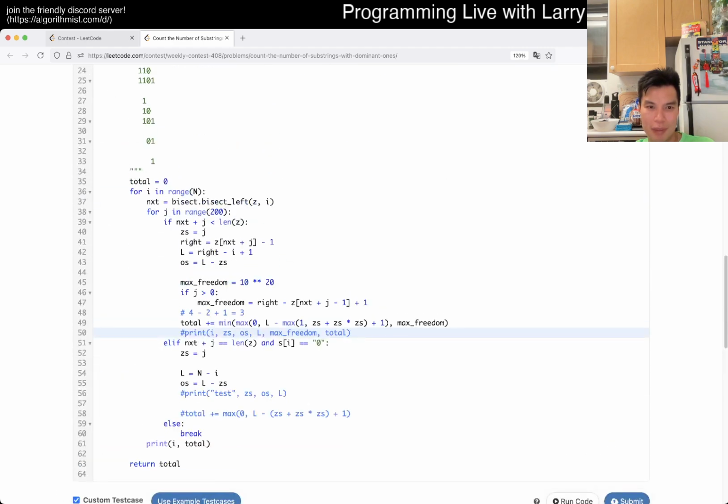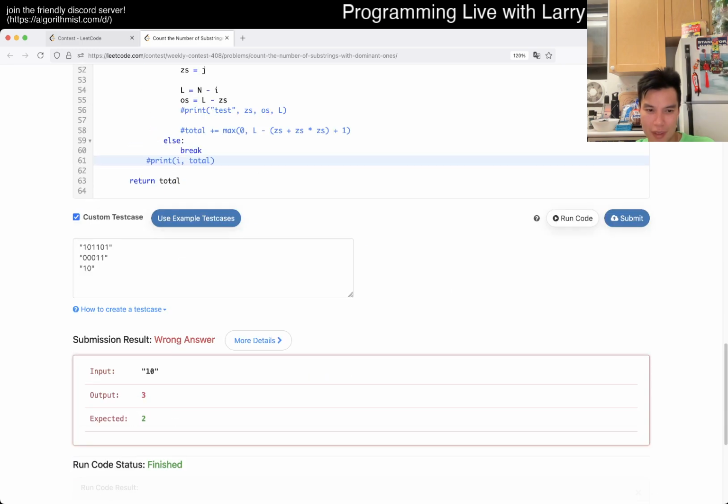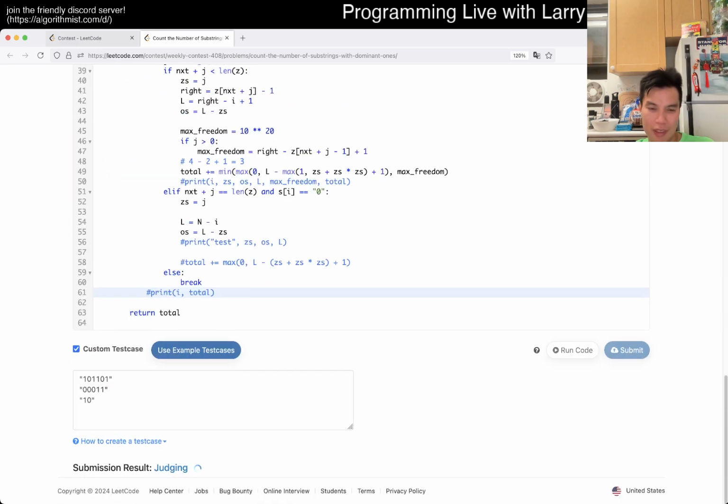Let me just get rid of some other. Where's my other print statement? Oh, this one. You know, YOLO. No confidence at all. And somehow it's going to still take a while to judge. Why is this time?